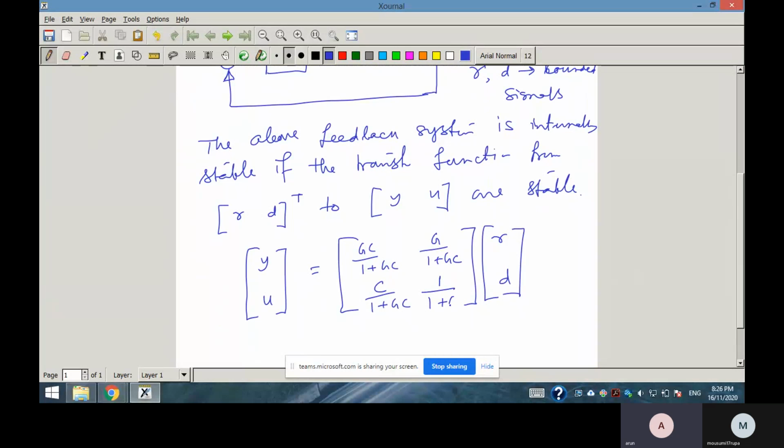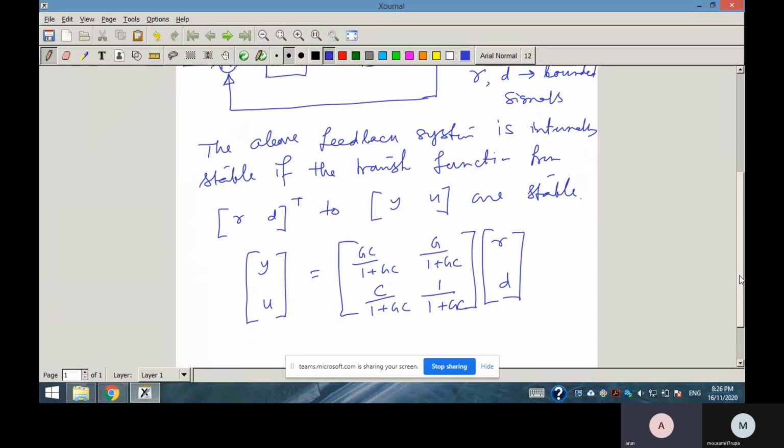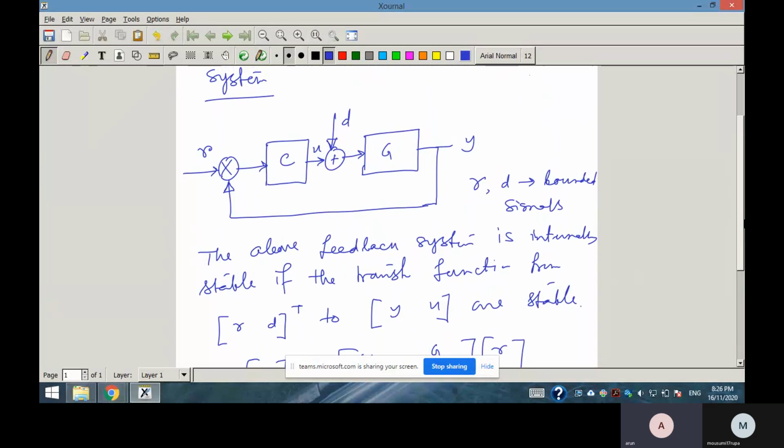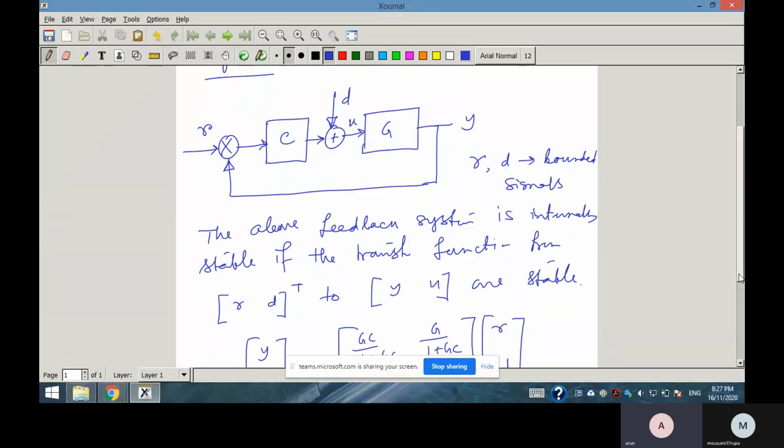These are the four transfer functions. I will consider U here, not here, then it will be convenient. So now it is fine.